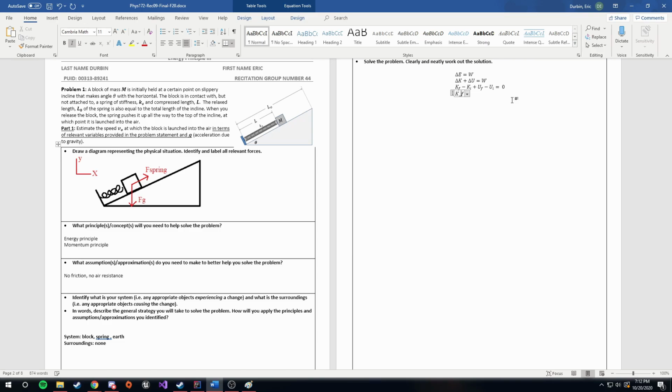So, final kinetic energy. So, 1/2 mass times velocity squared plus mgh is the final, minus 1/2 kx squared.